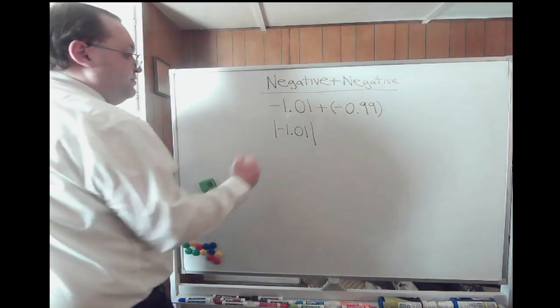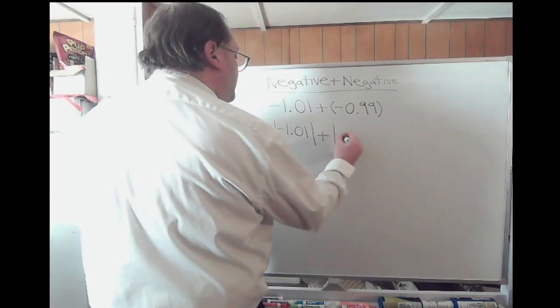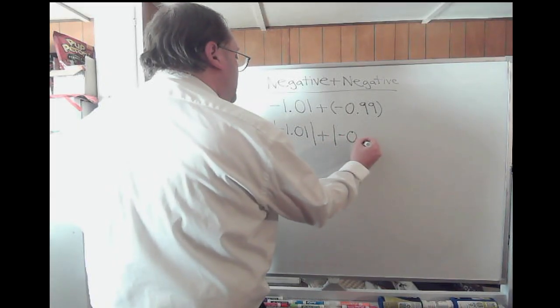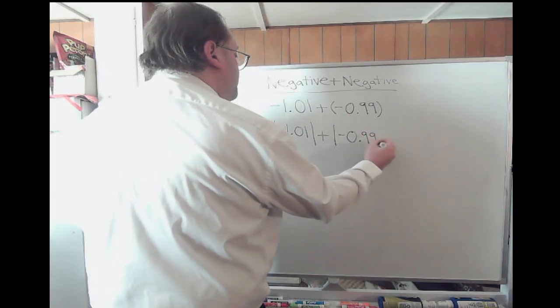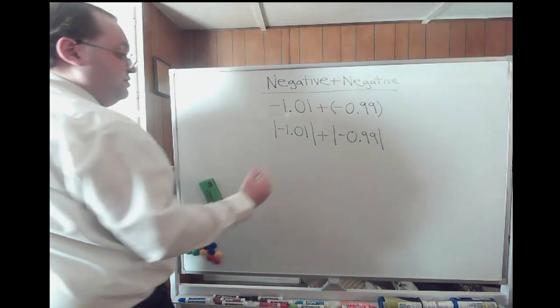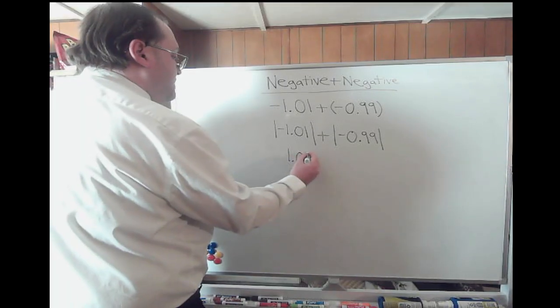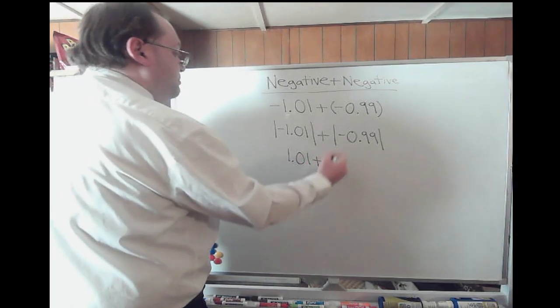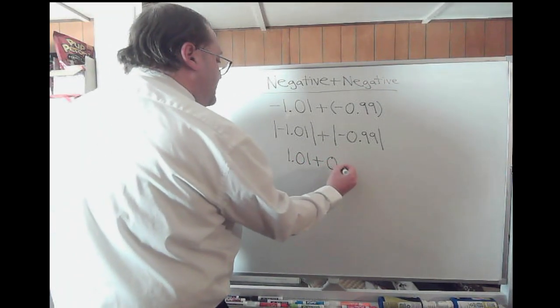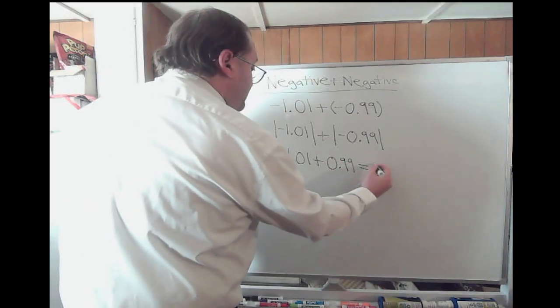You'll have the absolute value of negative 1.01 plus the absolute value of negative 0.99, which when we do the absolute value, you would get positive 1.01 plus positive 0.99, which would actually happen to equal 2.